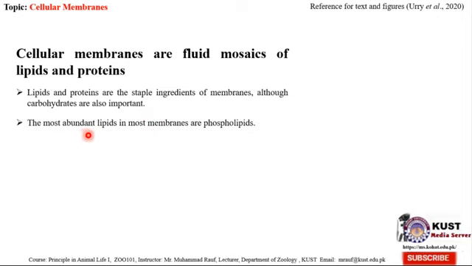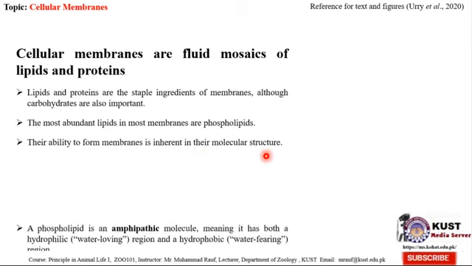The most abundant lipids in most membranes are special types of lipids called phospholipids. Their ability to form membranes is inherent in their molecular structure.